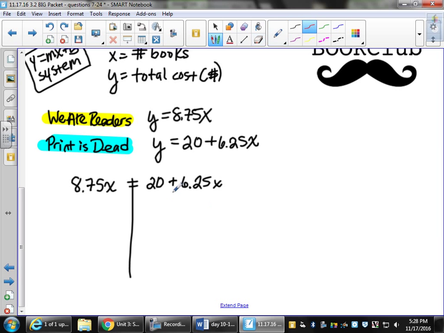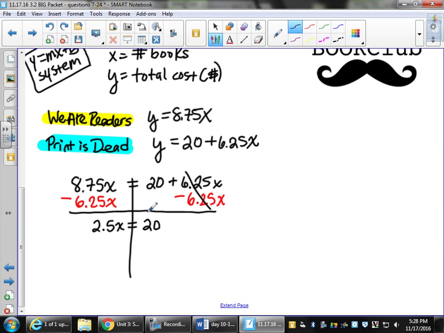So I will subtract 6.25x from both sides. 8.75 minus 6.25 is 2.5x equals 20. Because this is gone, we subtracted it over. To wrap this up, we will divide by 2.5.